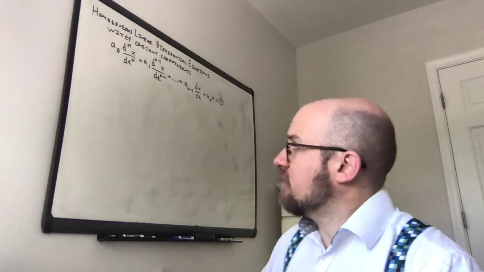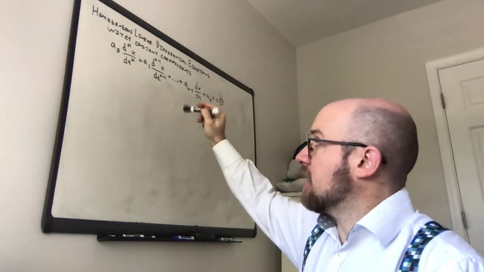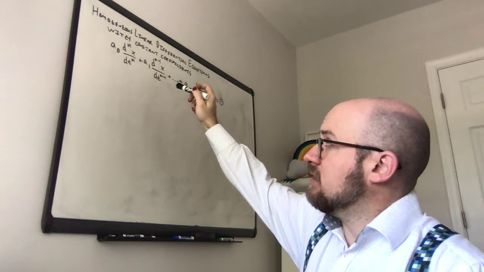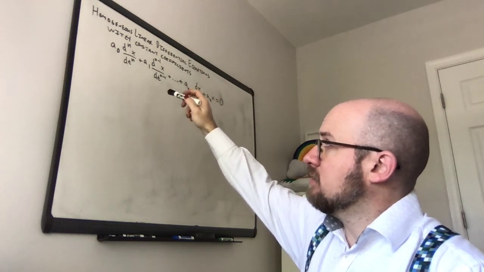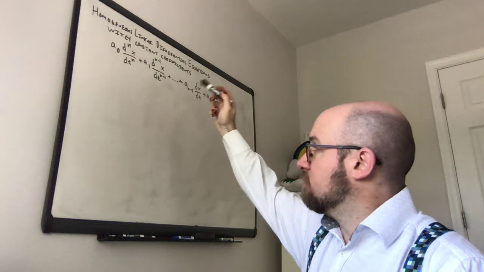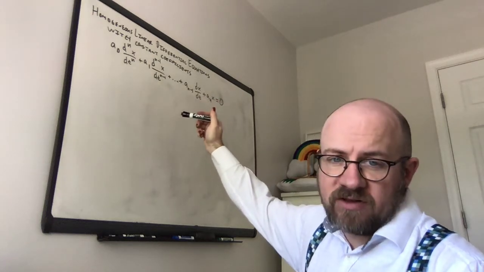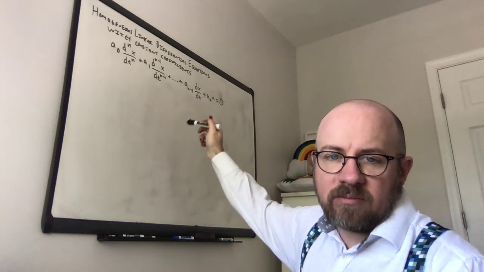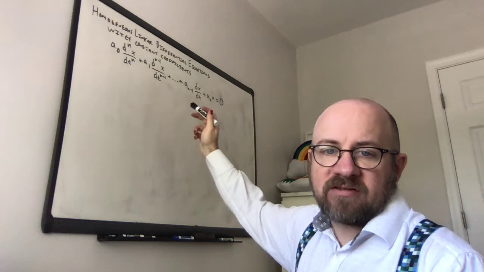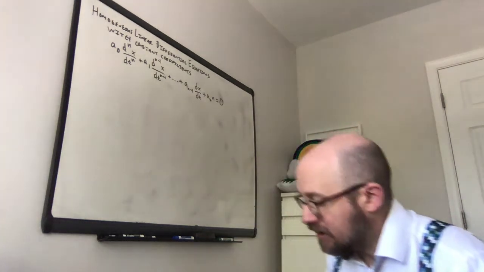This looks very complicated, but basically we've got a constant times the nth derivative plus a constant times the n minus first derivative, all the way down to a constant times the first derivative plus a constant times x.